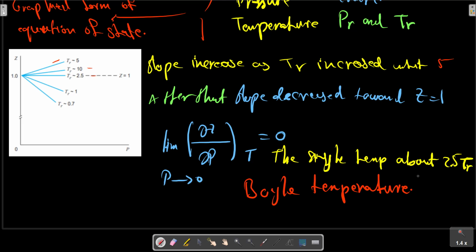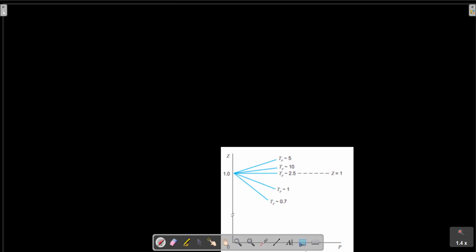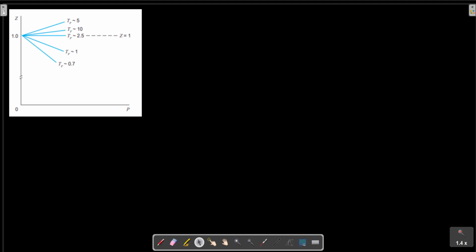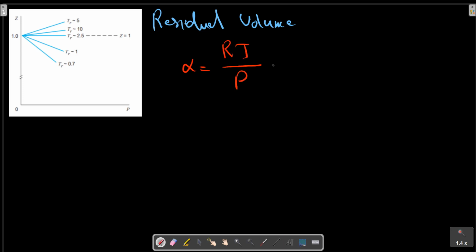To simplify this, let us consider the residual volume alpha. Consider the picture again. Alpha equals RT over P minus V, the residual volume.